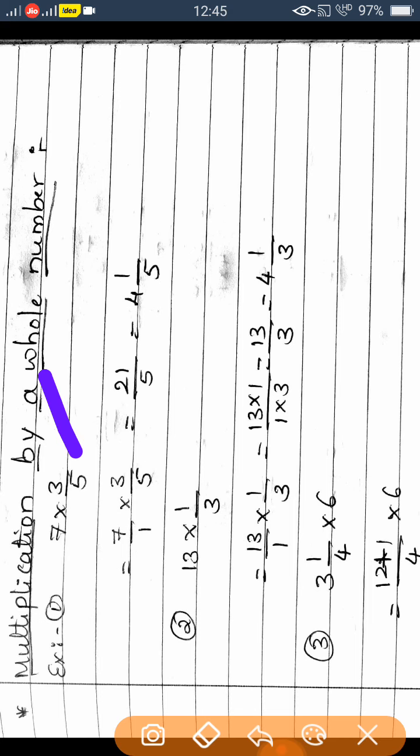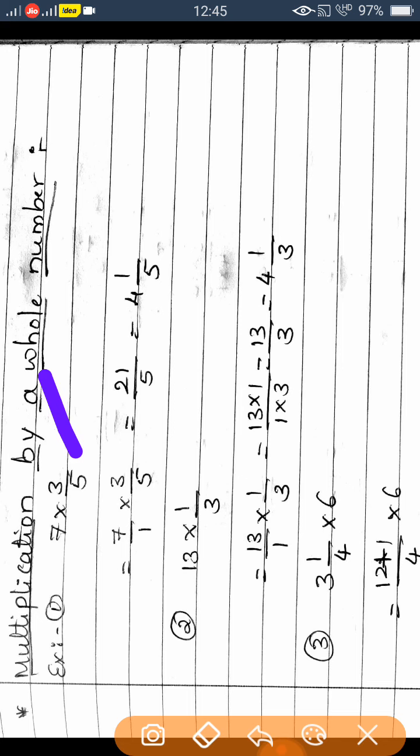In multiplication there is no confusion at all. Just multiply the numerators and multiply the denominators. But in addition and subtraction it is not like that. We have to make the denominators the same, and only then add and subtract.